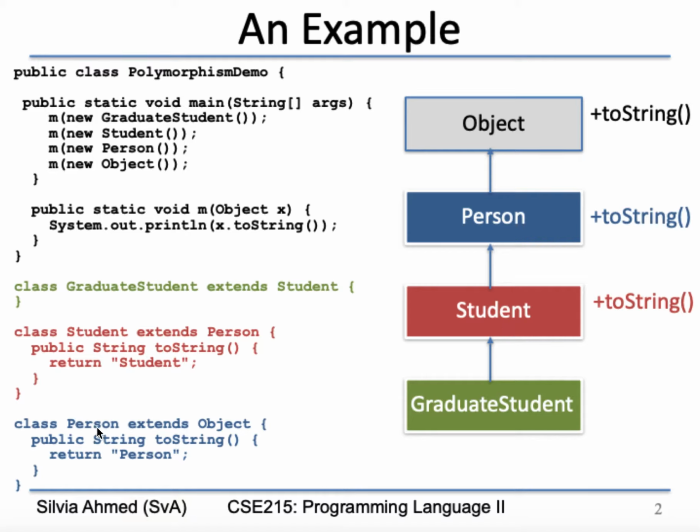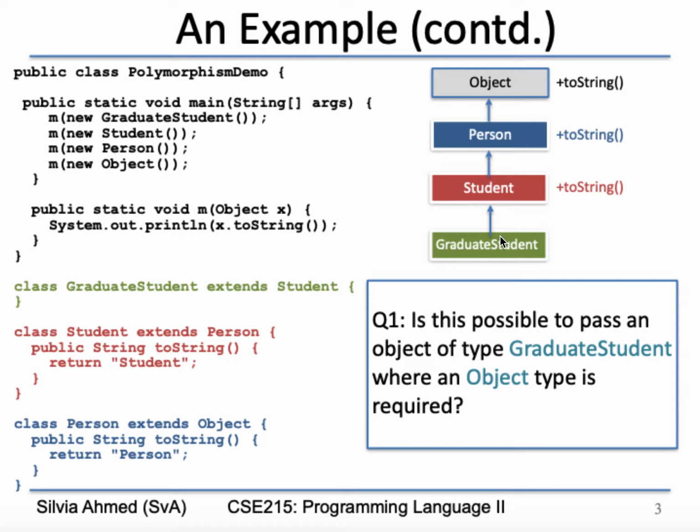Then in the class Person, we have again overridden the toString method. This toString has a different implementation, and we know that in the Object class, toString has a default implementation. The different color means they have different implementations in these different classes.